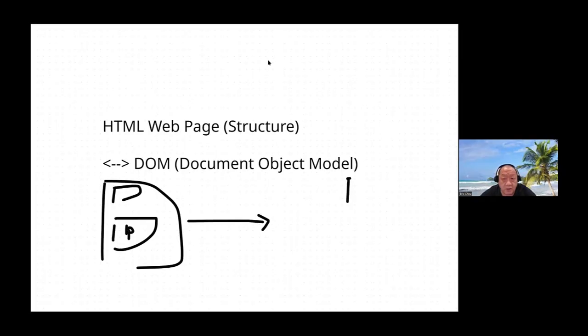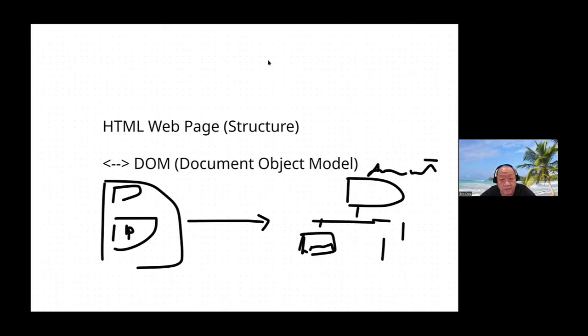Under the document, there are two children. One is called head. The other one is called body. And under the body, there is another one that's a paragraph.